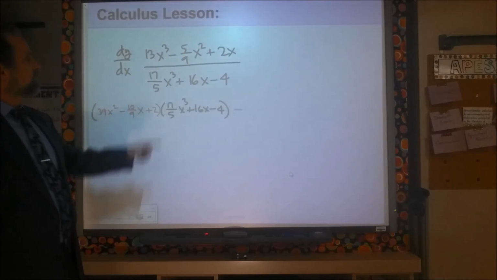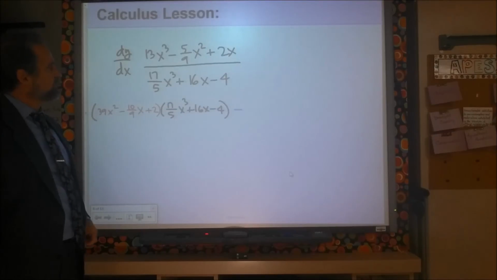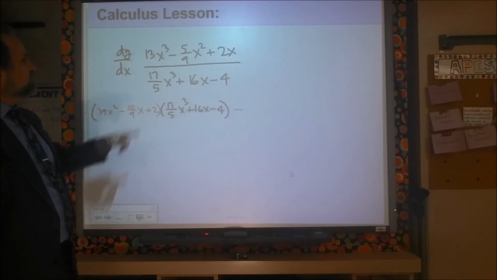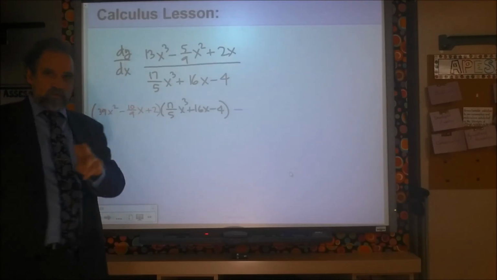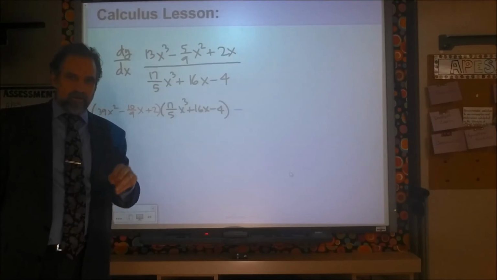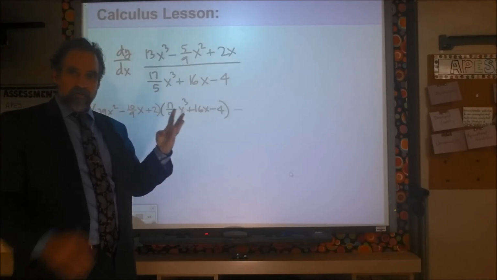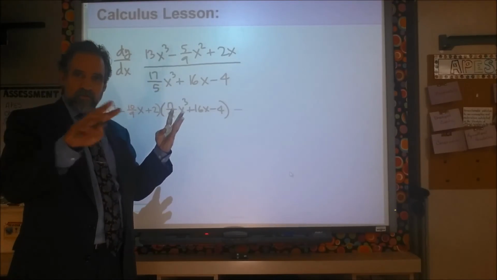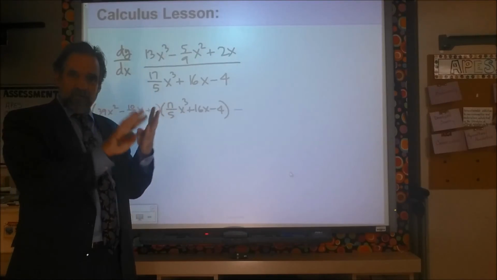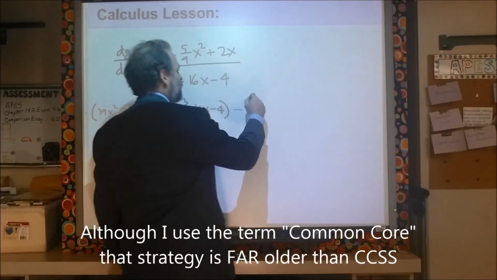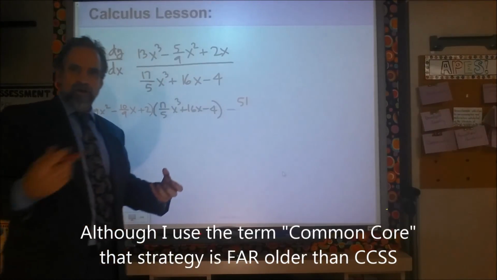Derivative of the bottom. 3 times 17x, well, it's 3 times 17 over 5. So 17 is 2 less than 15, right? And so if I take 3 15s, that's 15, 30, 45. But I had 2 for every 17, so 2 times 3 is 6. So 45 and 6 make what? 51. That's kind of the Common Core approach, right? Grouping numbers.